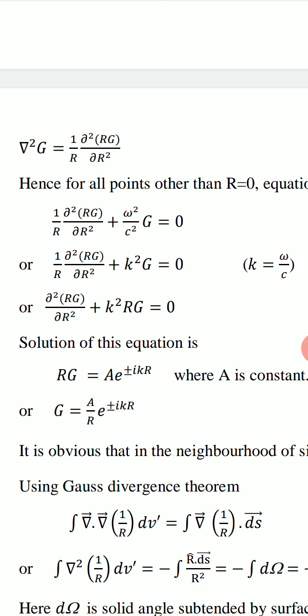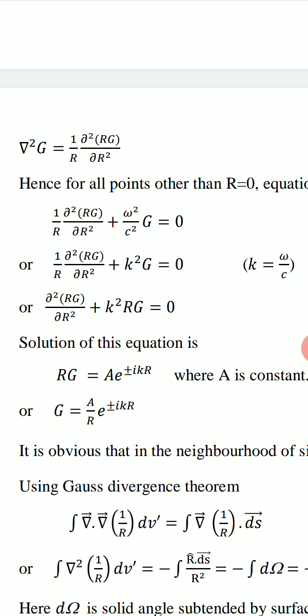We write k for omega upon c. Omega is angular frequency and c is speed of light, that is speed of electromagnetic wave. Radiating charge emits electromagnetic energy, and the speed of electromagnetic wave is equal to that of speed of light, that is c.